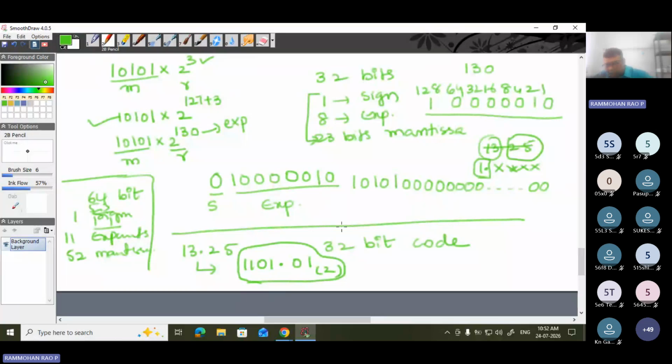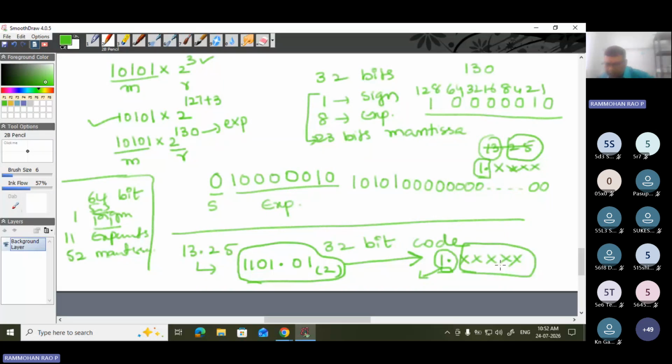Now, how is this particular binary number stored inside the computer? It should be converted into 1 point something like this. This 1 is assumed, and I need not separately store it. Now I am left with this part, on the right hand side after the dot.